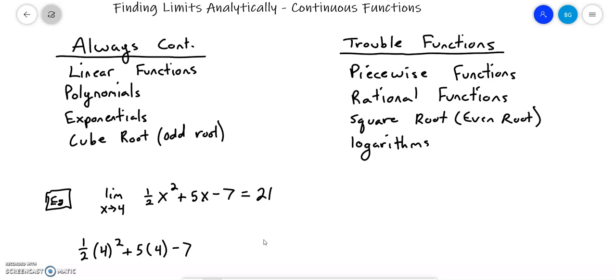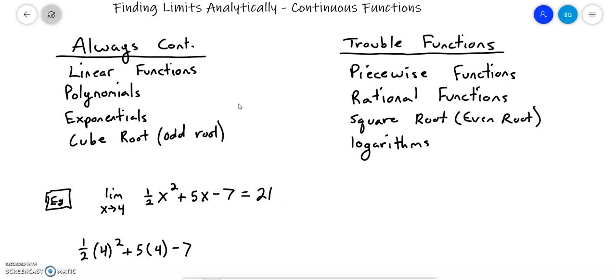Now, here's the kicker. If you can get an answer by plugging it in, that's your answer. I can't think of a scenario in which you can plug a number into the function and get a sensible answer, and then that be the wrong answer. If you can find a function value, that is your answer.